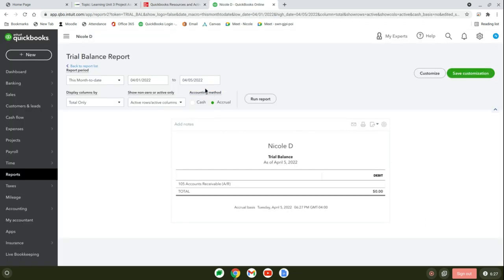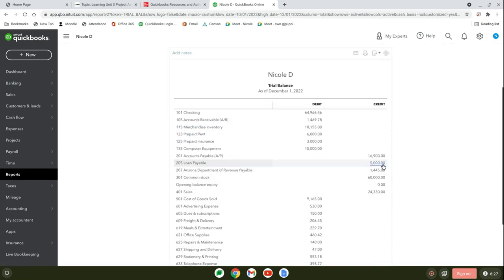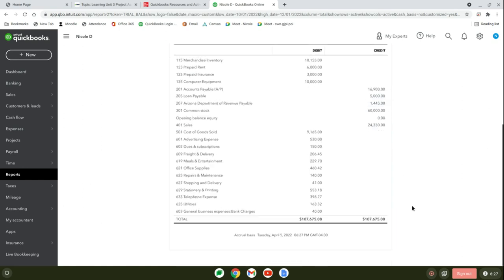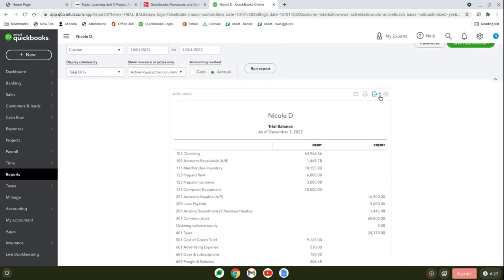So we're using October 1st to December 1st, and then run report. Our trial balance should come out to 107,675.08. Wonderful. You know what to do to save, right? Come over here, export to PDF.